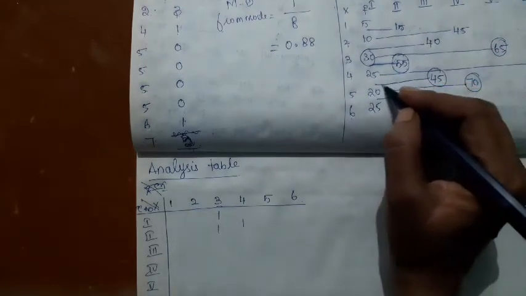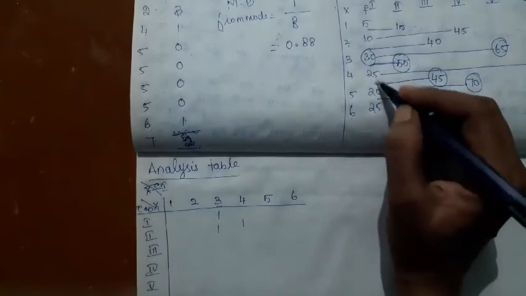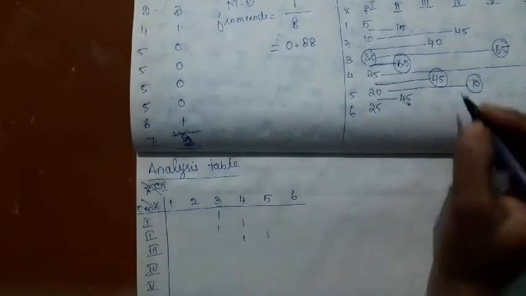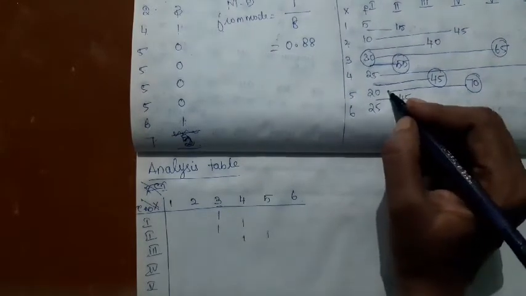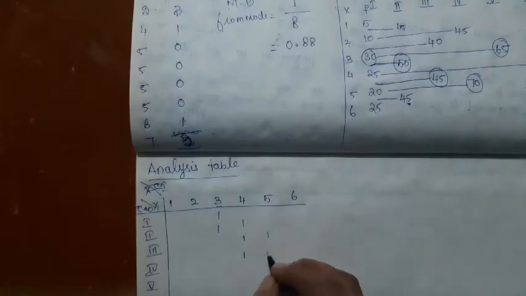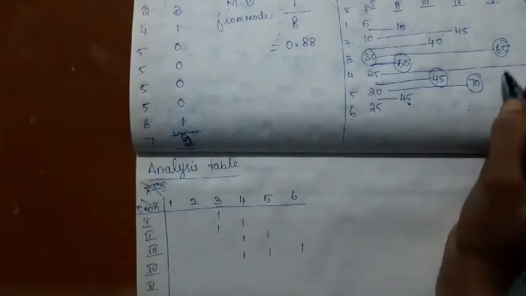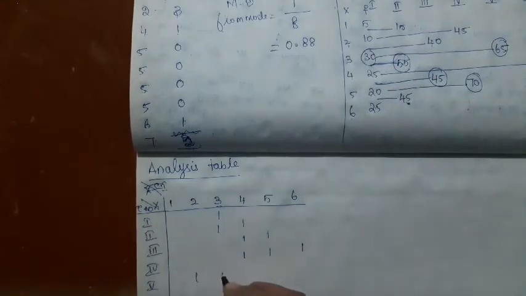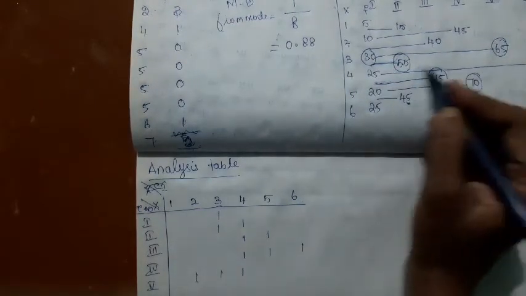Here the maximum value is 45. This line says you got it by adding these 2 numbers, 4 and 5. 70: you got it by adding these 3 numbers, 4, 5 and 6. 65: you got it by adding these 3 numbers, 2, 3 and 4. 75: you got it by adding these three numbers.